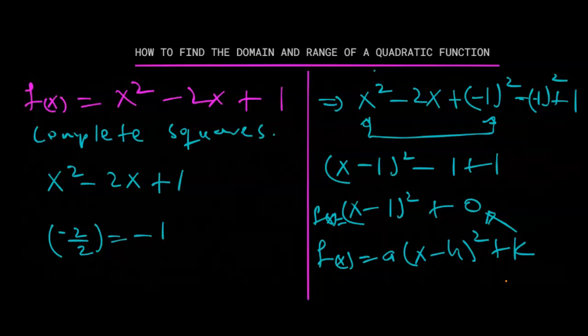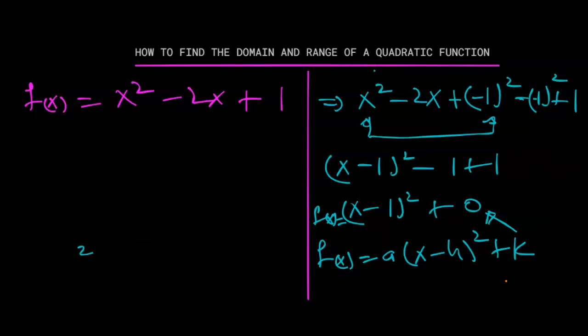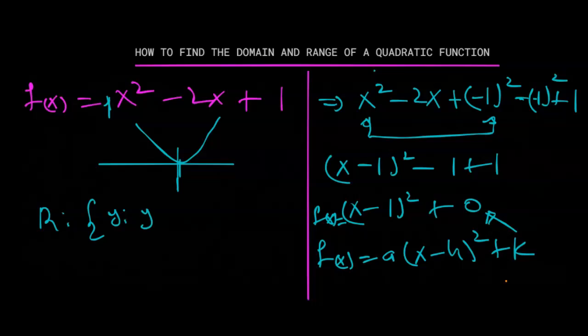And so from there, knowing that this is a minimum curve, knowing that this is positive, and knowing that the curve is going to turn itself at k equals 0 on the y-axis, we just see that our range is equal to y is such that y is greater or equal to 0.